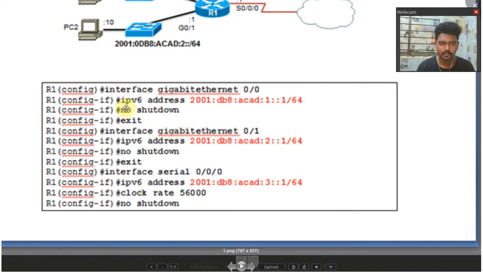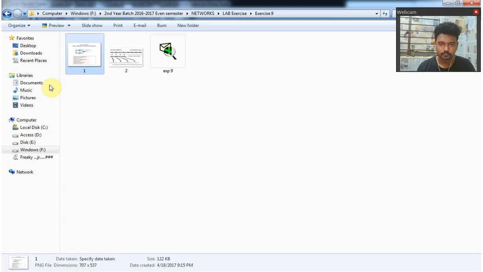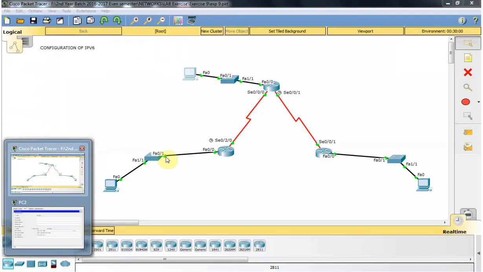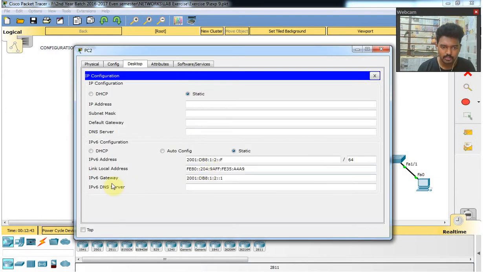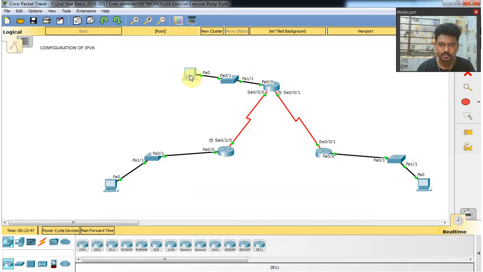Then the ipv6 address, then we have to give the gateway address of that particular network, then no shutdown, and after that exit. This is the IPv6 gateway for this particular LAN, and for this LAN it's over here, and for this LAN it's over here.